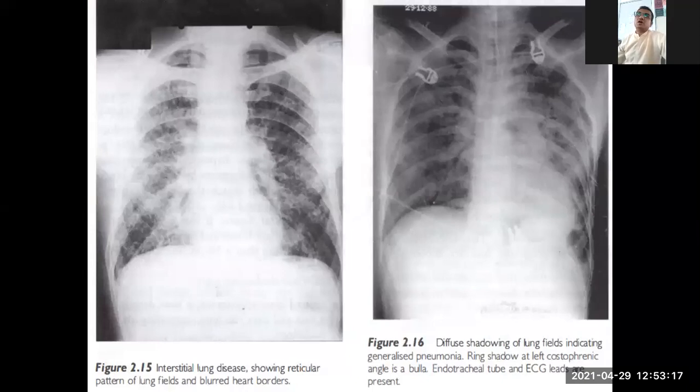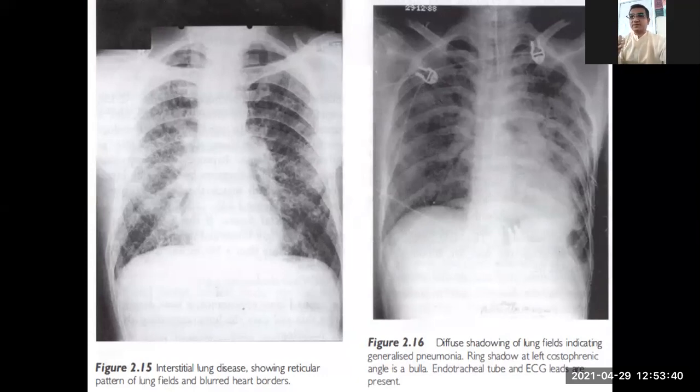The person who works in a mine, coal miners, or those who are working with silica, silicosis, asbestosis, hay fever, and so many different ones. So a very fine amount of dust will be lodged inside the lung.